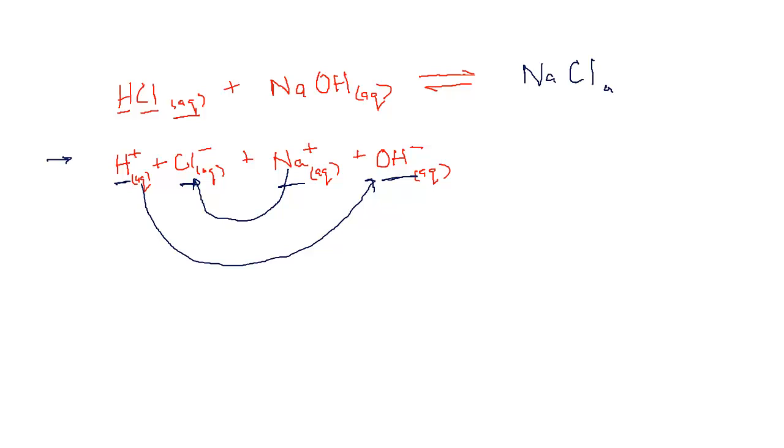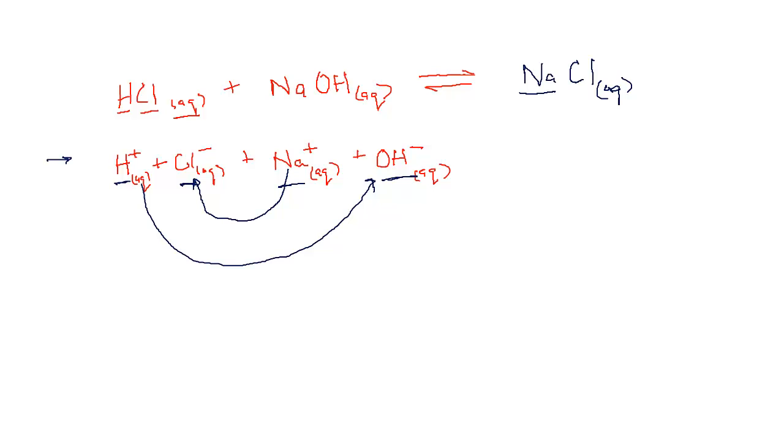Now this would be aqueous because it's dissolved in water. And you ask, how do you know that it dissolves in water? Well, it dissolves in water because of the solubility rules. That may be something you want to look at. That's really going to be important in determining what the products are going to be. We know that all group 1A salts are water soluble. So this is sodium, an ion out of group 1.